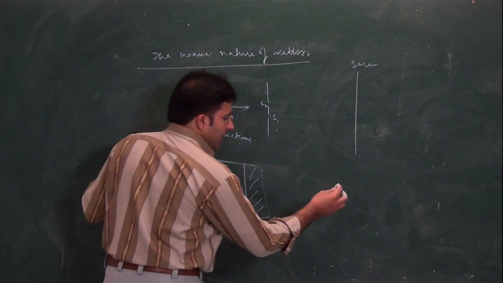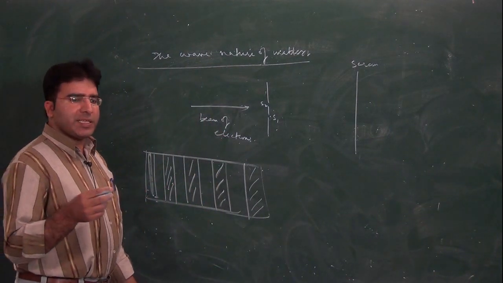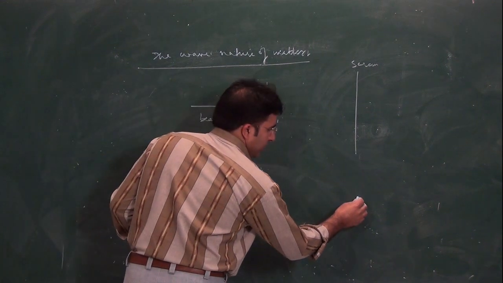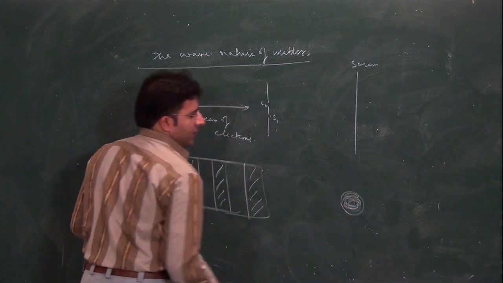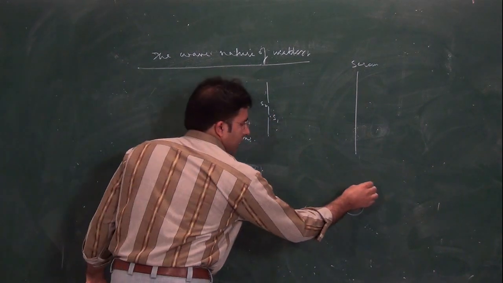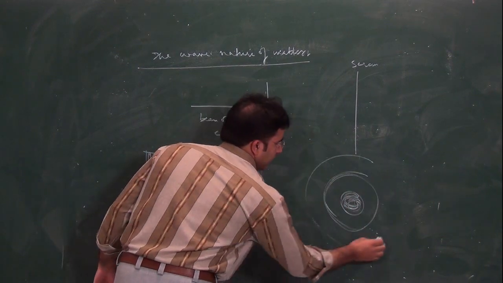Then diffraction experiments were performed with electrons. We know the diffraction pattern of light at a circular aperture. What is the pattern? A central maximum disk is formed, then there are secondary maxima in the form of rings like this.